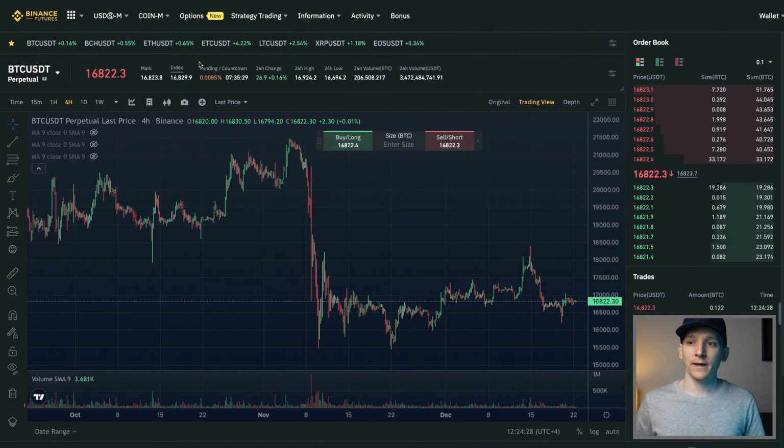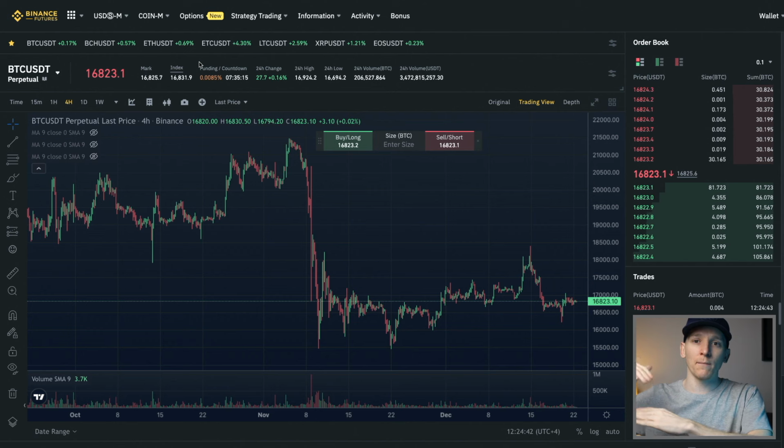When the funding is positive, it means that if you go long in the futures, you have to pay this funding. So if the market is very bullish and the futures price is higher than the underlying price, you're going long with the market, you're pushing the futures price up too much, and so you're having to pay extra for that.